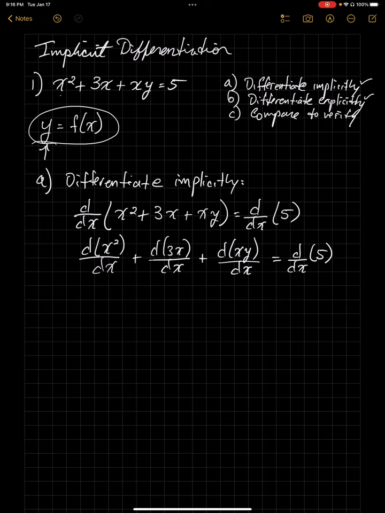But we'll leave it as d by dx of 5 just for now. So, of course, the differential of x squared with respect to x is simply 2x, and the differential of 3x with respect to x is just 3.